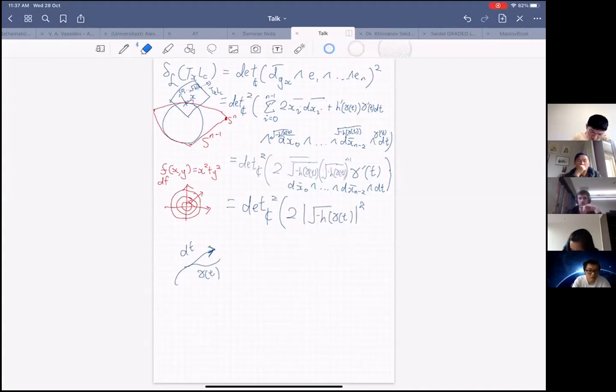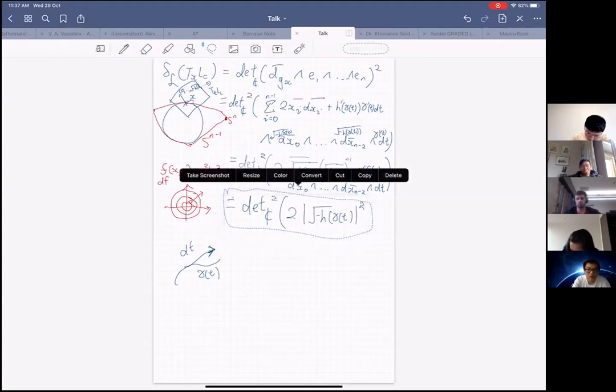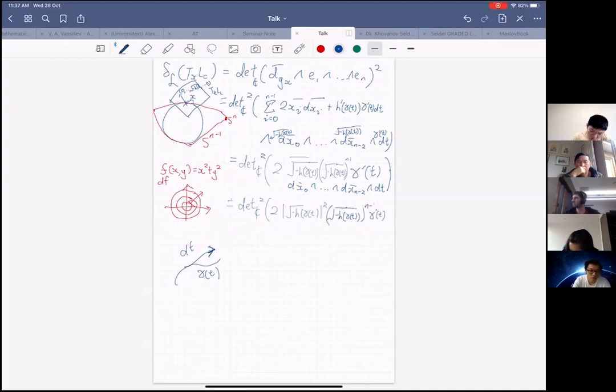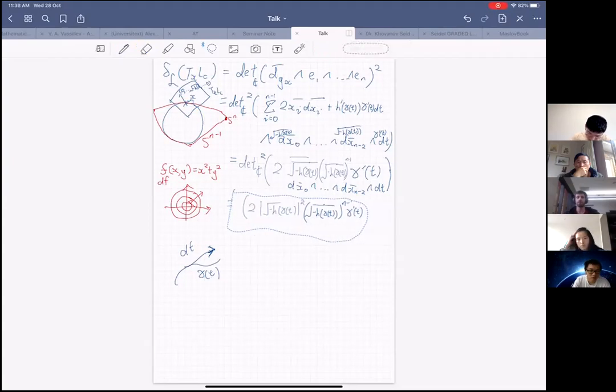A bit long, so I should write smaller. You combine the conjugate and then you're left with h delta t of n minus 1 gamma t. We already threw away the basis, so I threw away the determinant, and then I squared it.